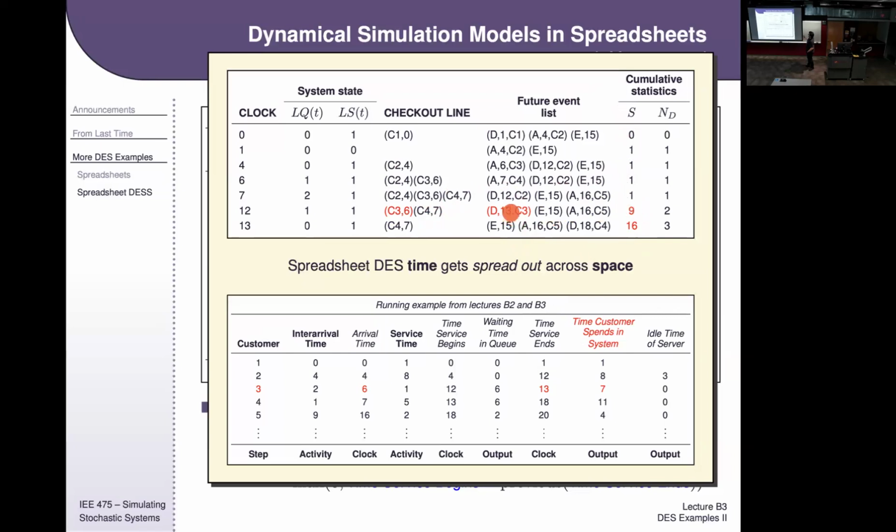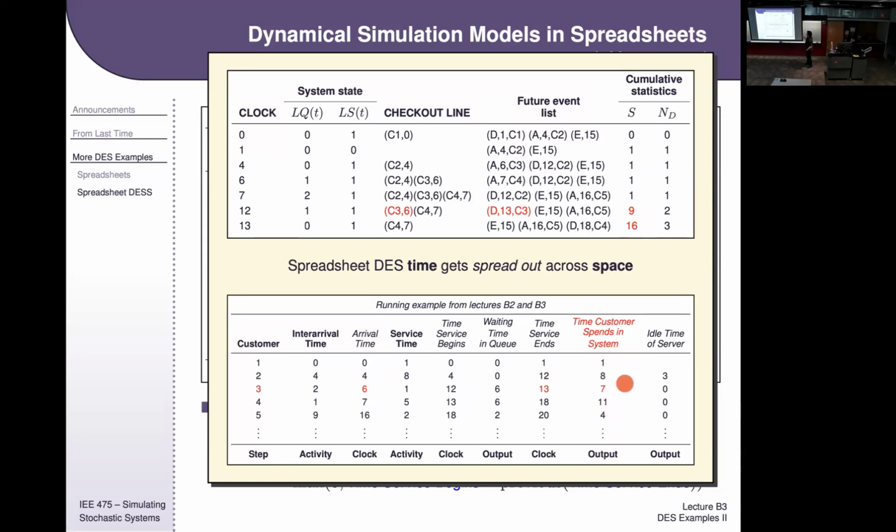And then when customer 3 departed, they added an additional 7. So if I look down here, I see customer 3 departed at 13. They arrived at 6, so they spent 7 in the system. So if I want to figure out where I get these, like 9 and 16, it doesn't show up immediately in this column.